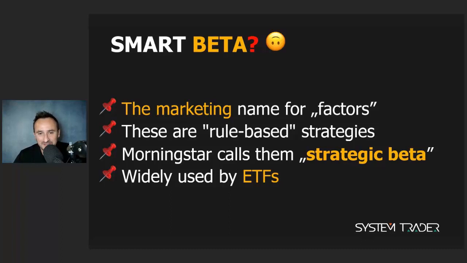We can sometimes see that ETFs based on factor indexes are called smart beta ETFs. And it's just a pure marketing name for factors. In fact, even Eugene Fama said that it's a marketing ploy, because there is no such thing as smart beta.